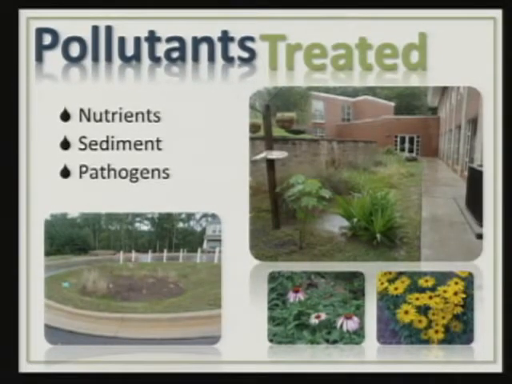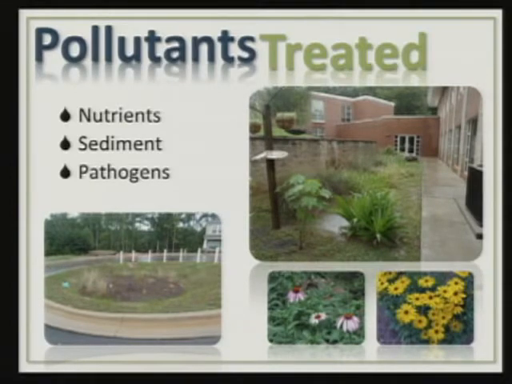So what pollutants do these bioretention areas treat? Well, of course they treat nutrients. They allow these nutrients to cycle within the cell, within that specialized soil media. But the plants that are planted in the bioretention area also uptake nutrients. We can treat sediment because as the water ponds or collects on the surface of the bioretention area, sediment that may have been suspended in that stormwater drops out and settles onto the mulch layer.